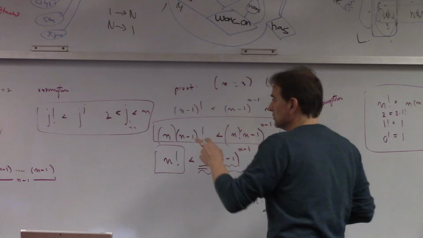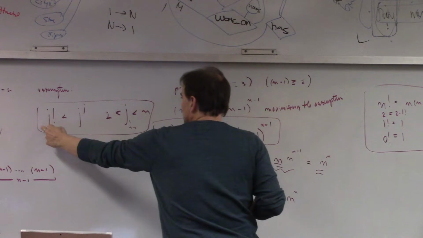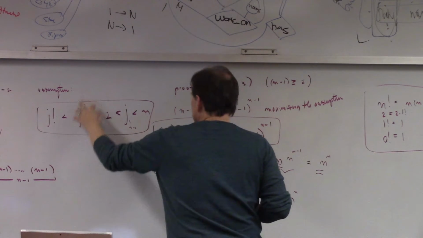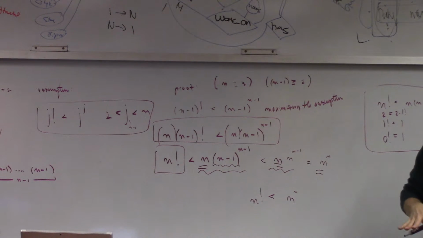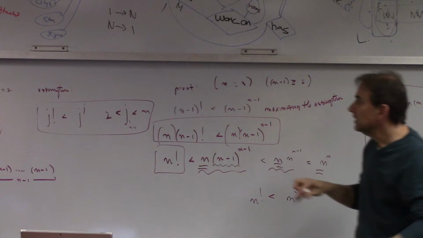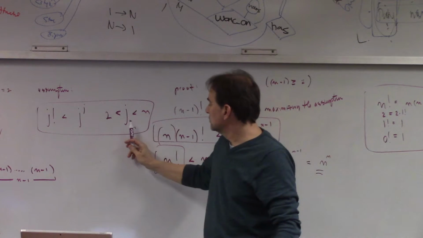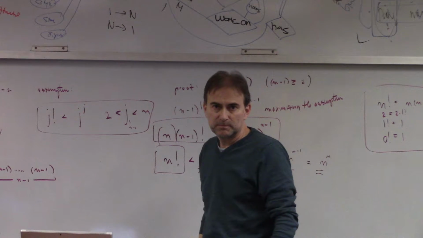So we simply substitute n minus 1 for j. So this is just maximizing the assumption, specifically for the value where j is equal to n minus 1.